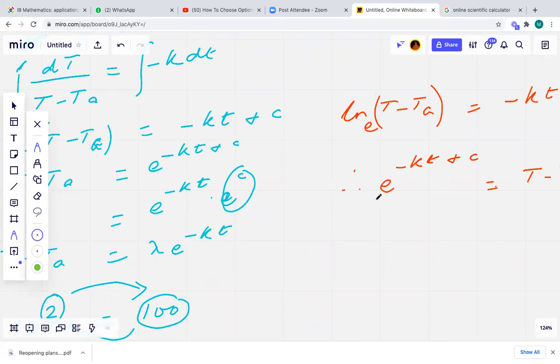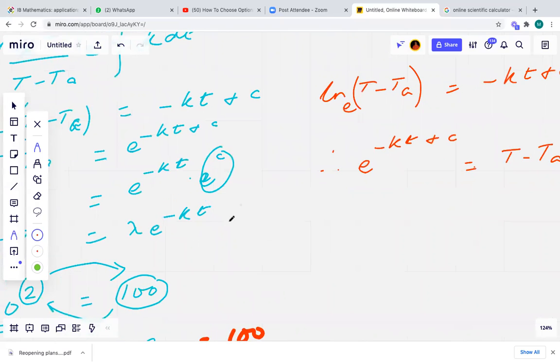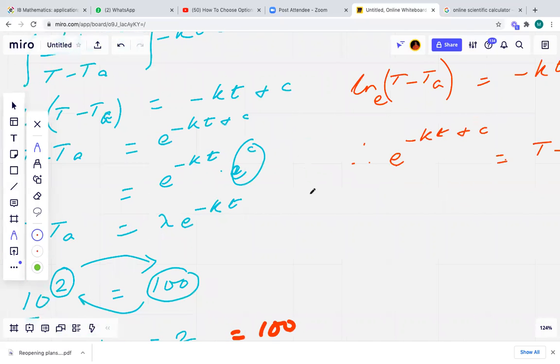Are you aware of this? Yes, sir. So e to the c is also some constant. c is a constant and e is a number, so e to the c will be a number. Let's say lambda.